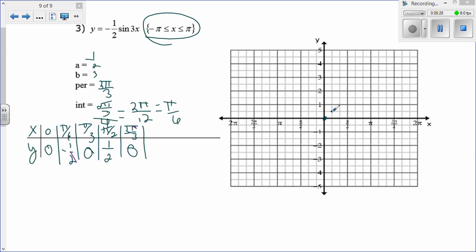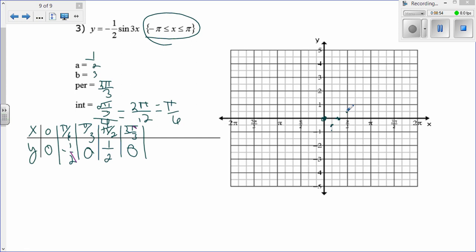So it's 30, and then, oh, except that's supposed to be a negative 1/2, so it's supposed to be down here. Hang on a second. Okay, fix that there. And then at pi over 3, I'm at 0 again. You can see my point. There we go. And then pi over 2, I'm at a positive 1/2.